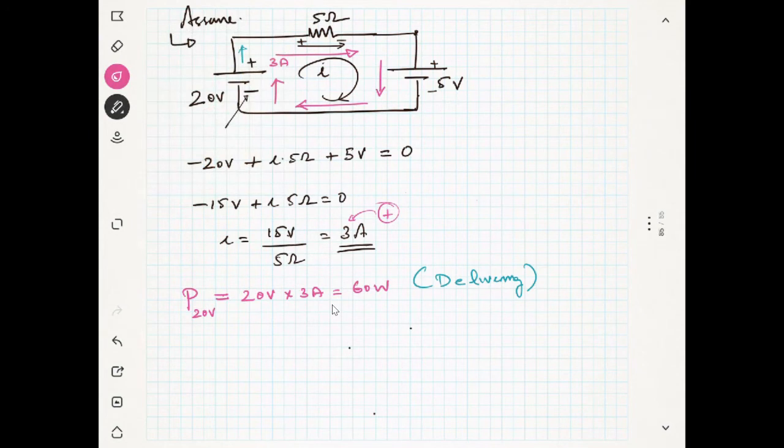Next, what about the 5 ohm resistance? We will see. For delivering, I think the minus sign is more accurate, because minus refers to giving something or losing something. So here it loses this power.